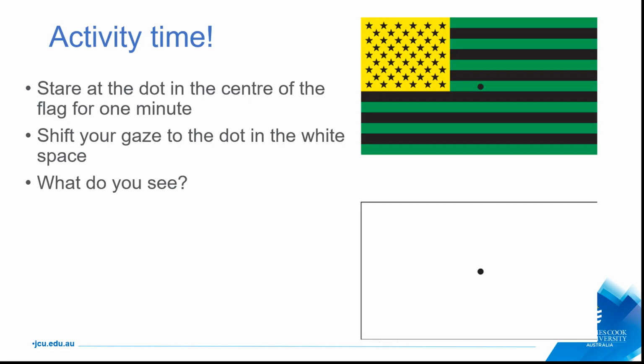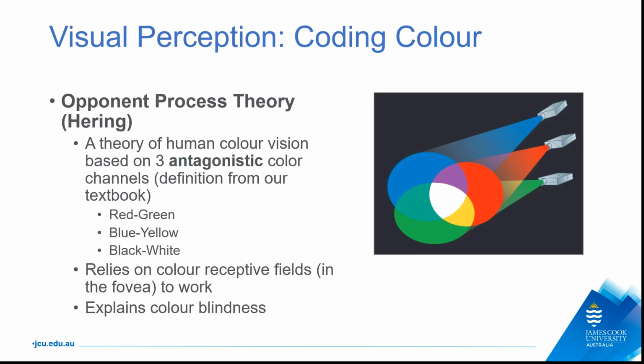So what it's arguing for is based on the opponent process theory. Again, we see this adjective, antagonistic. It argues that we have three antagonistic color channels. Literally this is just copy and pasted from our textbook. We have red-green antagonism, blue-yellow antagonism, and black-white antagonism.